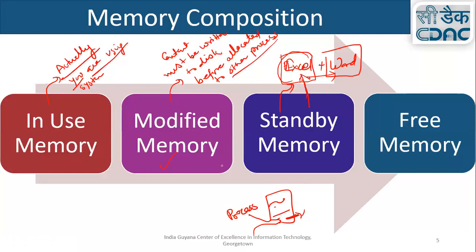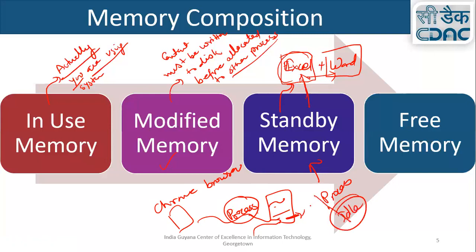If you open the Chrome browser, it's not just the Chrome browser that opens. A lot of data moves to the main memory, but it's just idle. It's not active, so it's just memory allocated to a process, but it's not actively in use.